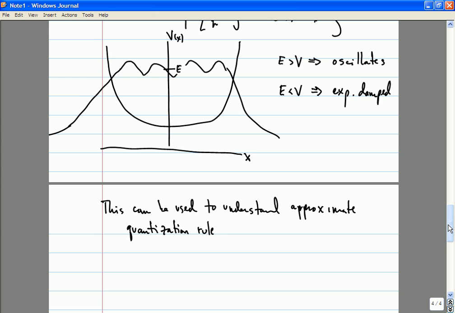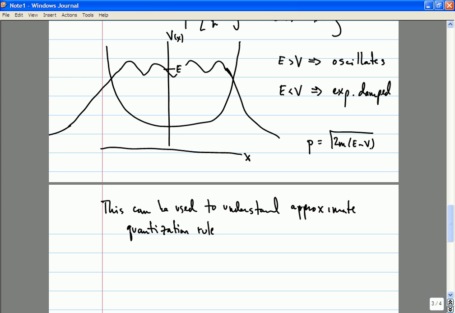In order to understand the approximate quantization rule, I'd like to stare at this not very well drawn picture a little bit longer. Remember that the WKB approximation is valid when the momentum p, which is the square root of 2m(E minus V), is very large.